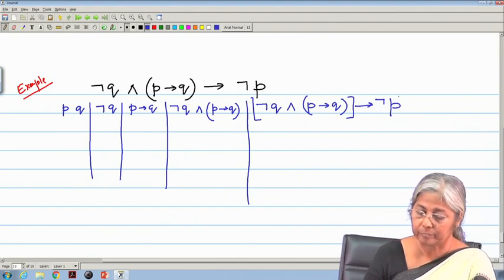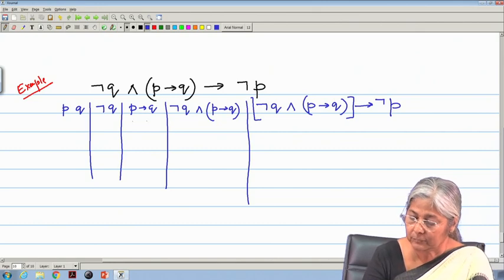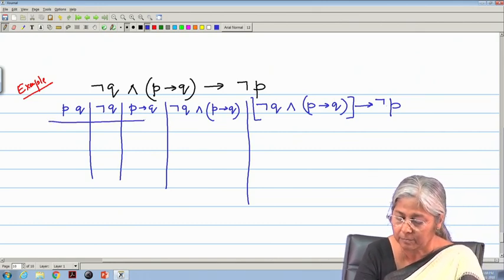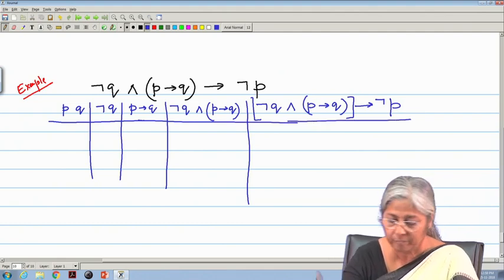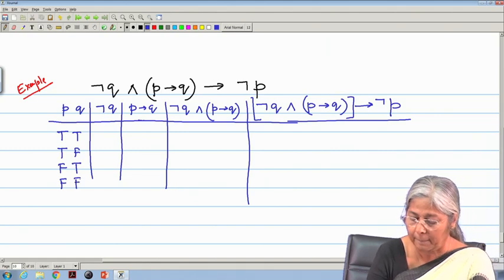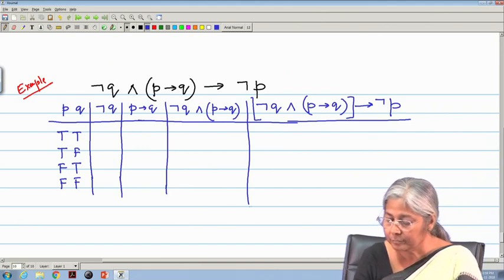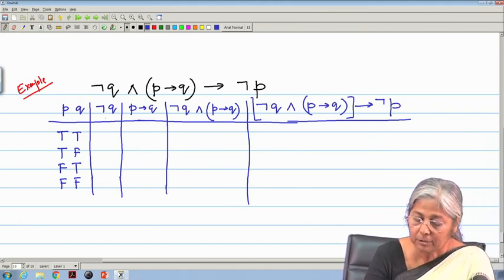Okay. I need a negation p also. Directly I can write from here. So, I give T, F, F, T and F, F. Now, negation q.